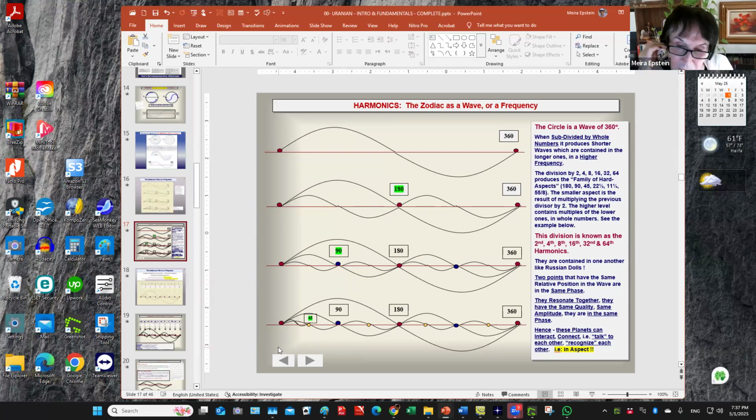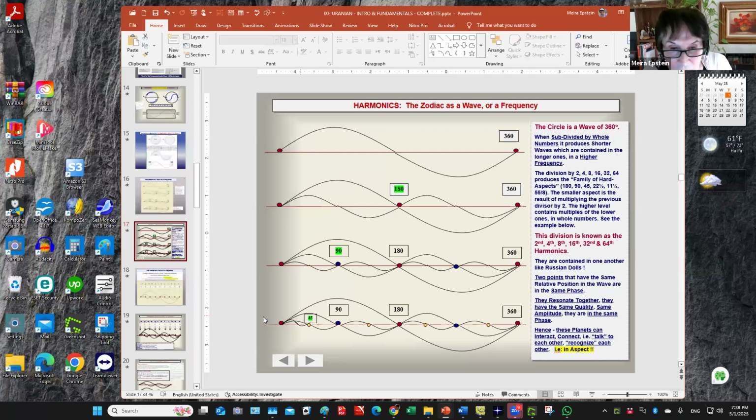But the idea is also that when you have a planet in any one of these dots, the yellow, the blue, the red, if you have two planets, one on the yellow, one on the red, and another one on the blue in the sequence, if they are exactly at those places, then they resonate together. They vibrate together because they are in the same harmonic.